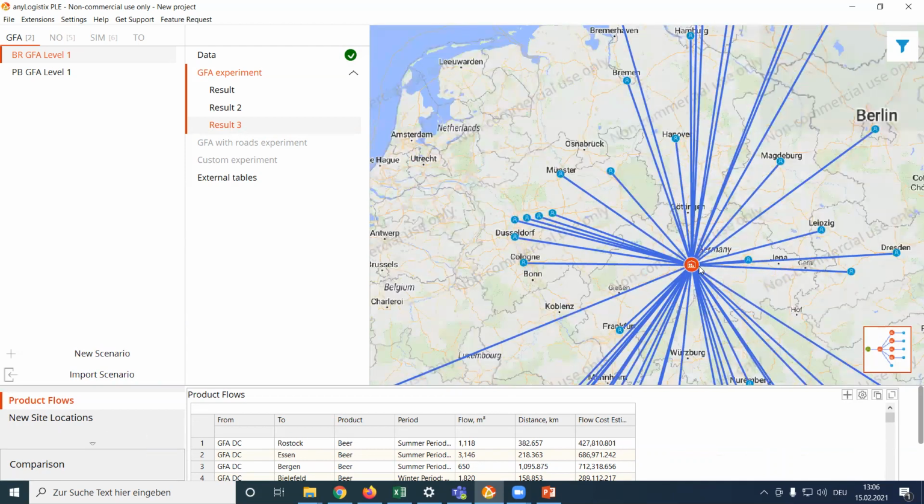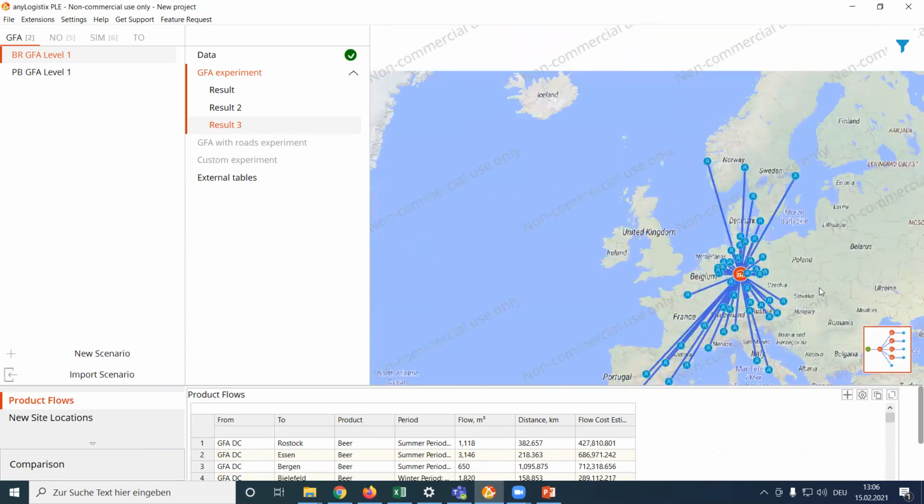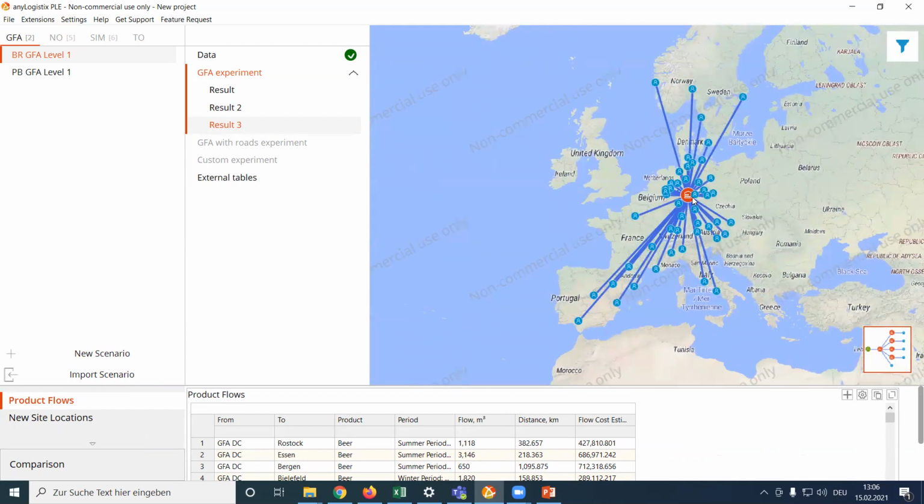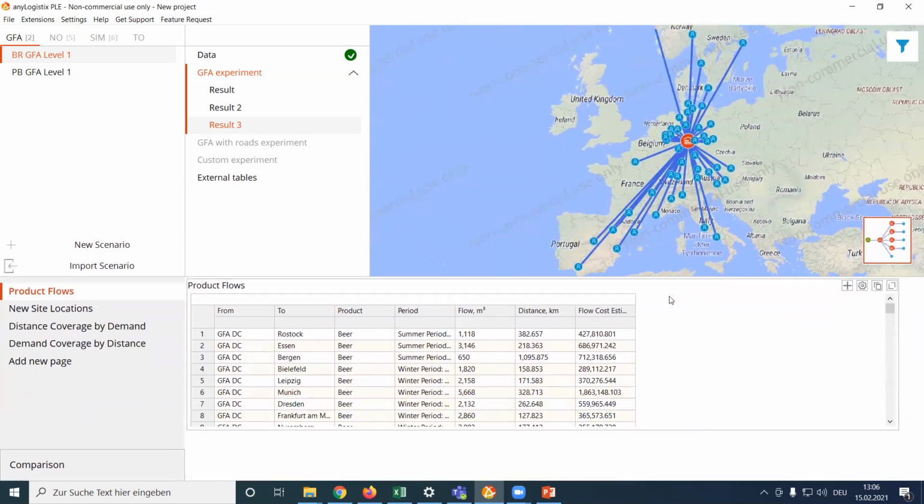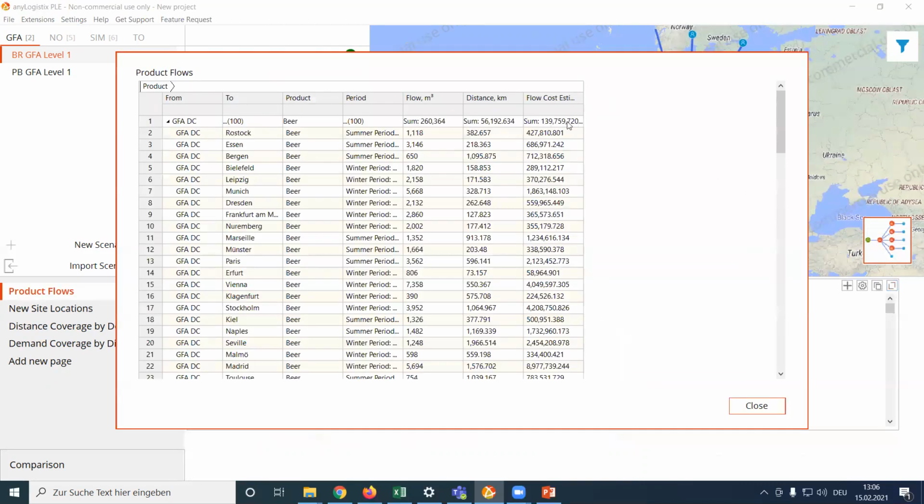By locating the distribution center exactly in this point, we would ensure the total minimum cost in the supply chain. Here we can look at the total cost computation. In that case, our total supply chain cost would be 139,759,720 euro.